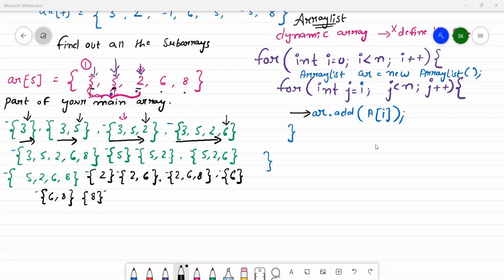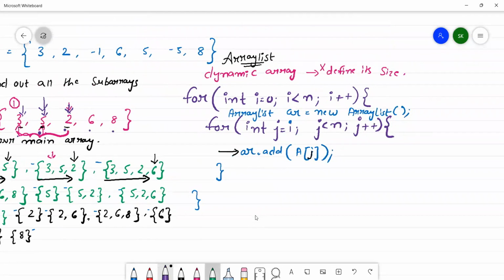Array of j should be there. Thanks, Vaibhav. See, you can take one more ArrayList. That is your main ArrayList, which will be at the top. I can name it as AL. And it is not just an ArrayList.